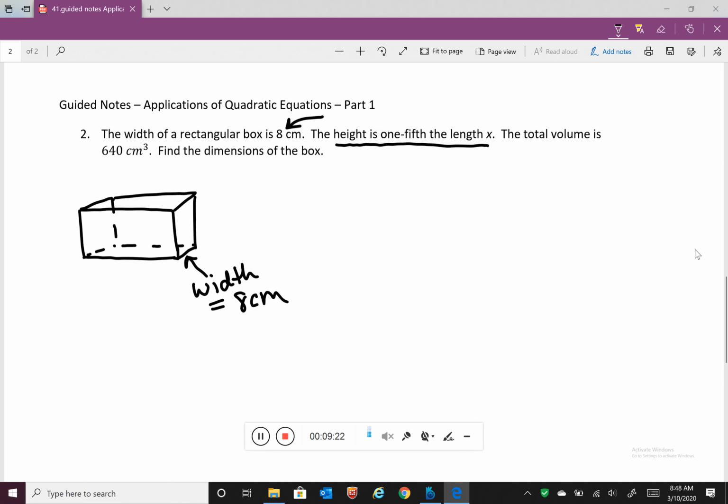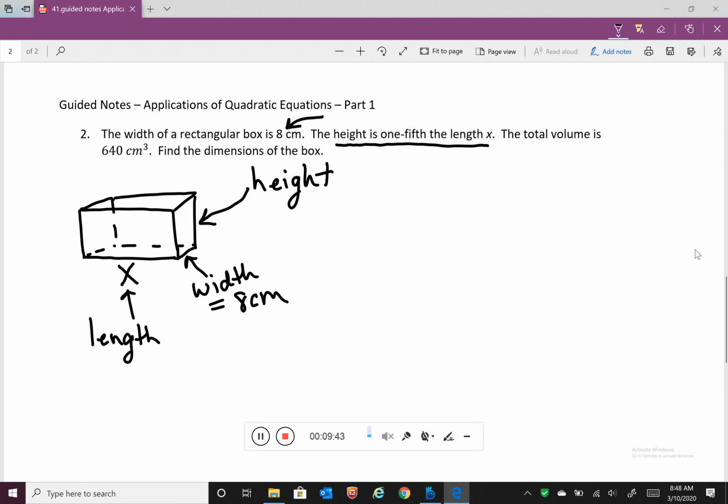So we don't know what the length is, but we are told to let it equal x. So x is the length, and then the height is 1/5 the length x.